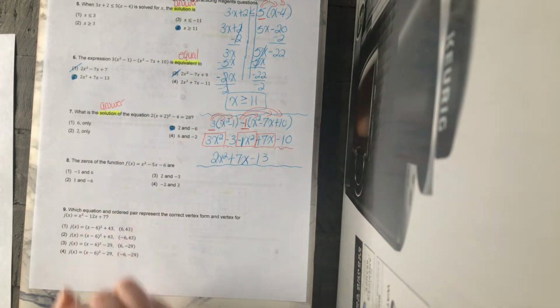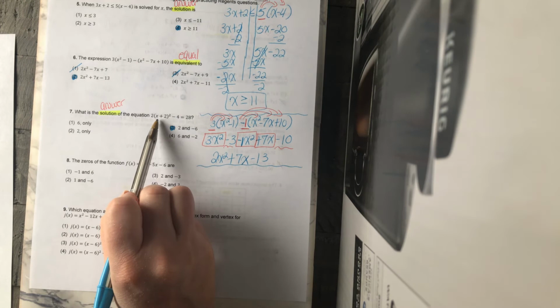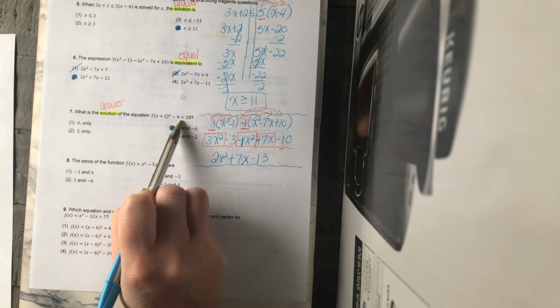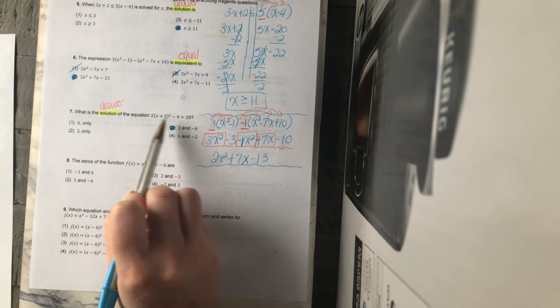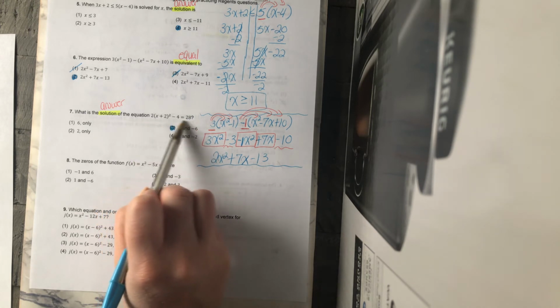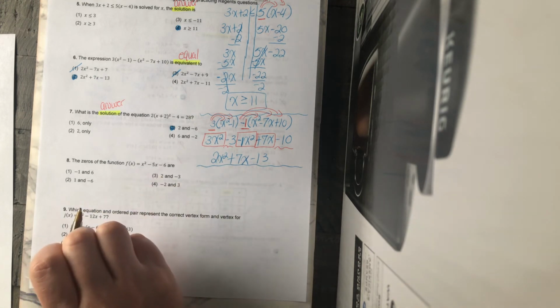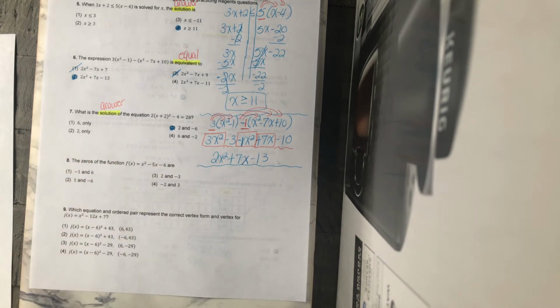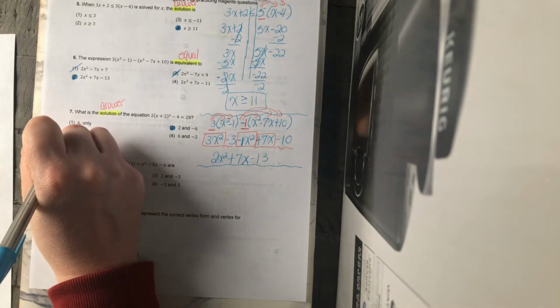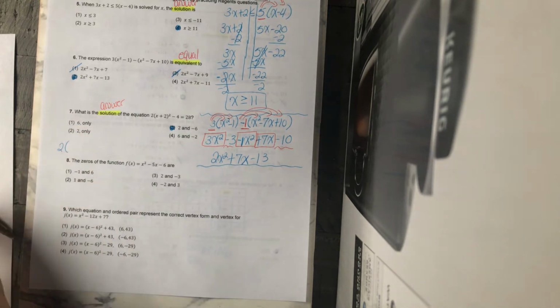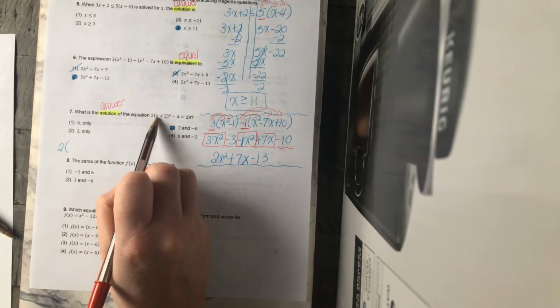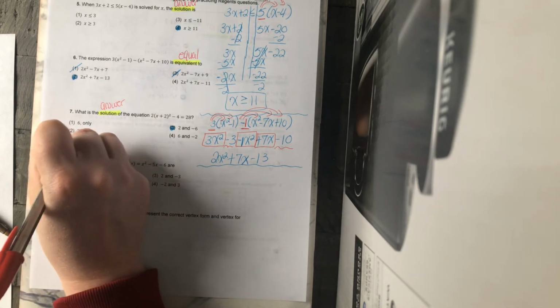But I know it's choice 3 because I know that when I plug in 2 for x, this equation is true. And if I plug in negative 6 for x, again, this equation is true. So I'm just going to set that up. Let me do it maybe right here. I'm trying to see where I have some room. So I'm going to write 2 parentheses, and instead of writing x, I'm going to use positive 2.